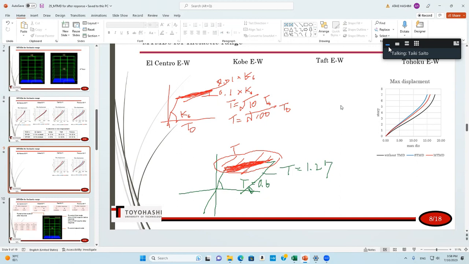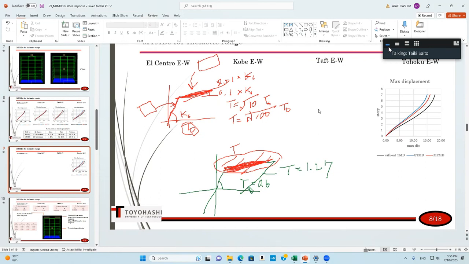So one TMD might be tuned for the elastic stiffness, the elastic period. Yes. One TMD might be tuned for the second slope. I think Sawanya-san also did the same idea.